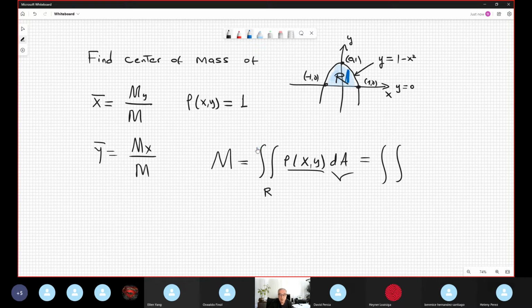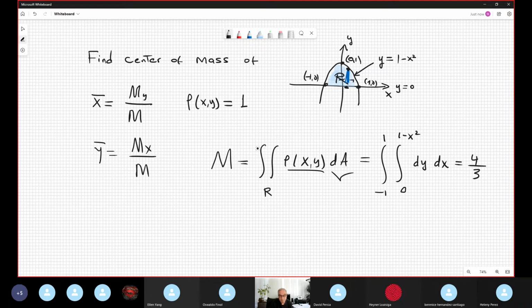You integrate dy first, dx secondly, and after you open the window and the iteration, when you perform the first integral, it goes from y equals 0, the x-axis, to the y of the parabola, which is 1 minus x squared. And when you open the window in x, I go from -1 to +1. Right?